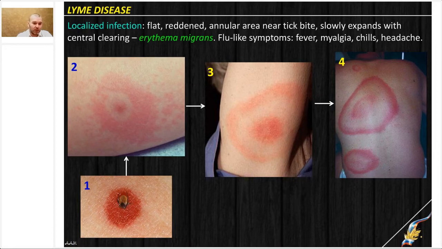So in that stage, besides local rashes, people can feel common symptoms of infection: weakness, loss of appetite, fever, pain in muscles, some headaches. But the most unique symptom is that erythema. If you identify that lesion, you can make the diagnosis immediately and start therapy of the disease.